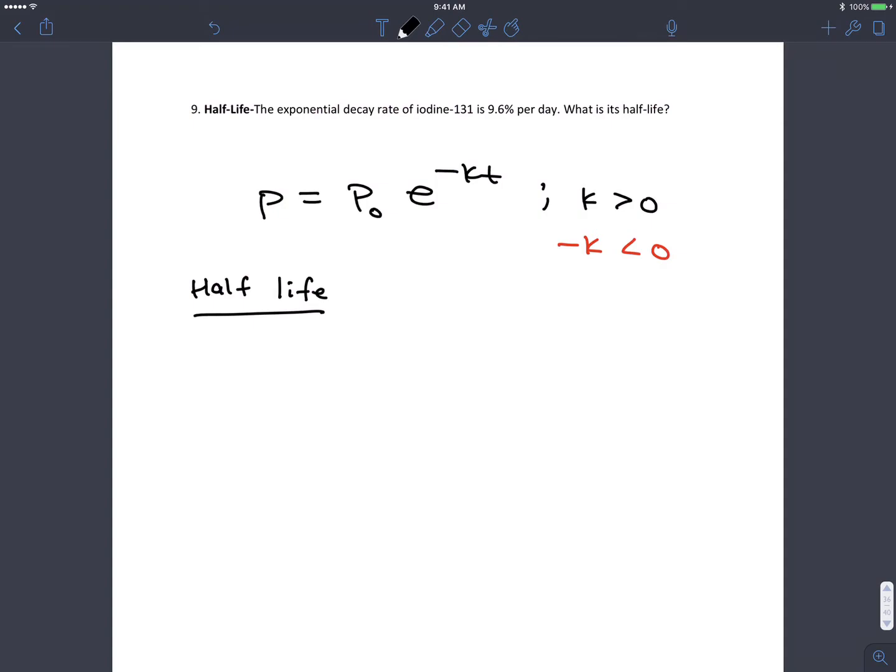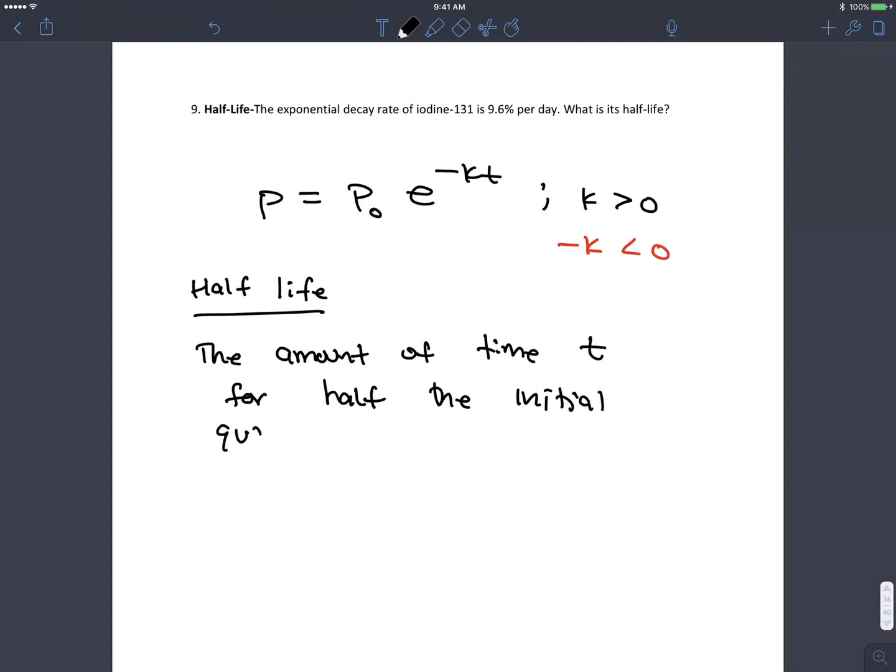Now, in class, we talked about this, half-life. That's the amount of time, it's a t-value. It's the amount of time necessary for half of the initial quantity, that's P naught, to decay.